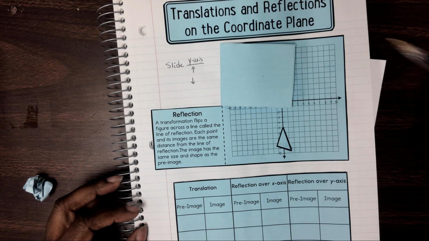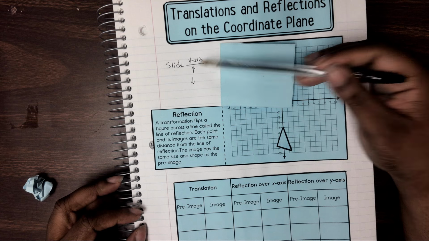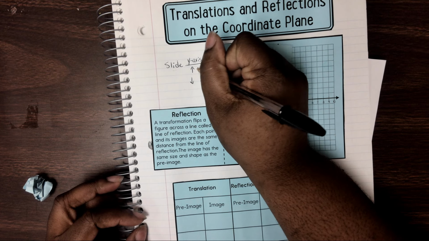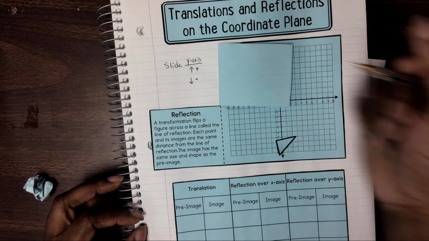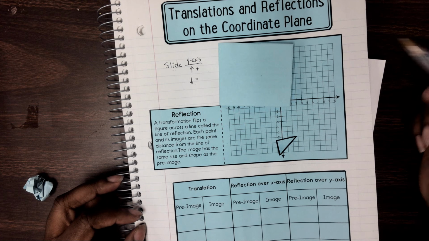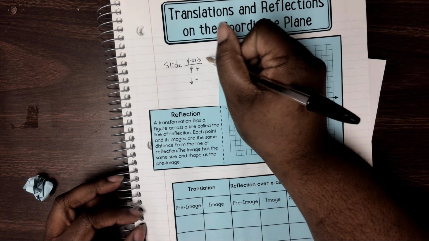Understand that if the figure moves up, you are adding. If it moves down, you are subtracting. Okay? So again, you can slide on the y-axis as well as the x-axis.